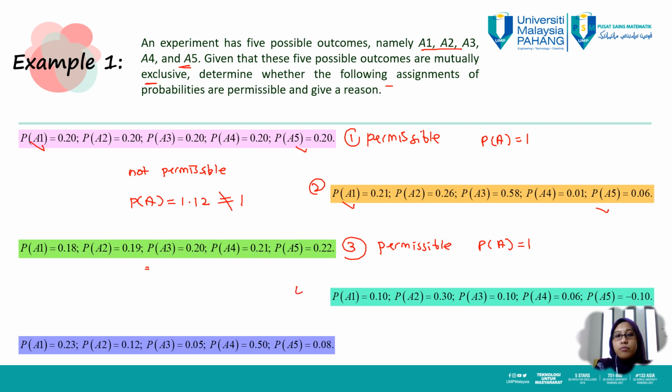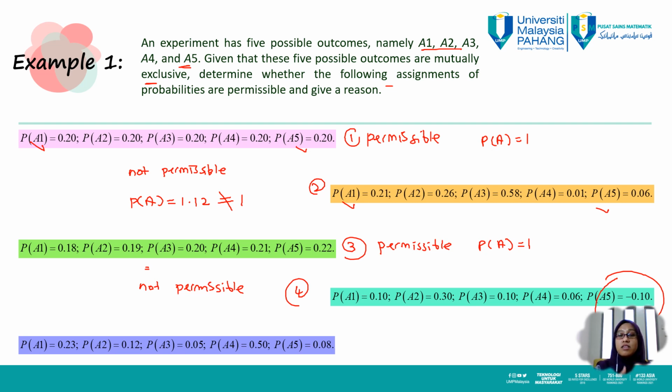How about number 4? Permissible or not? Number 4 is not permissible. Why not permissible? Because we have a negative probability here. Axiom number 1 says the probability cannot be less than zero.